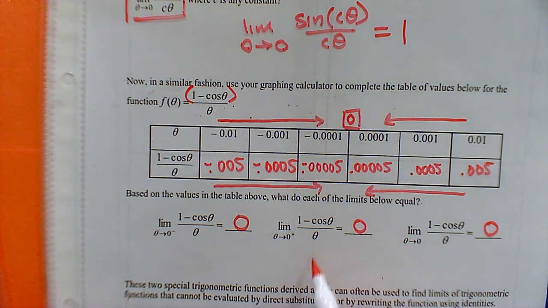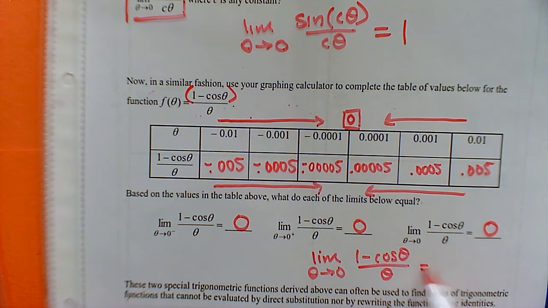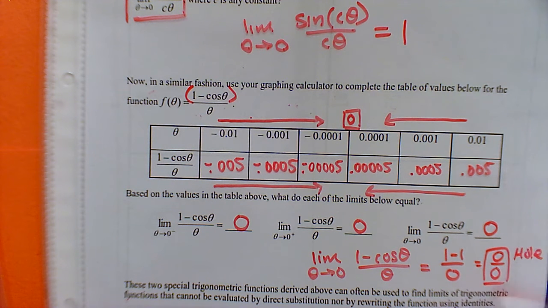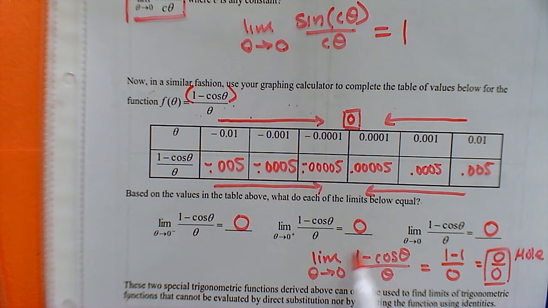Okay. Again, if we were to try direct substitution on this equation, cosine of 0 is 1. Plug in 0 down below, we would get 0 over 0. Okay, so we have another hole, which means we could try to work around it, but again, if you look at your function, you can't factor anything.